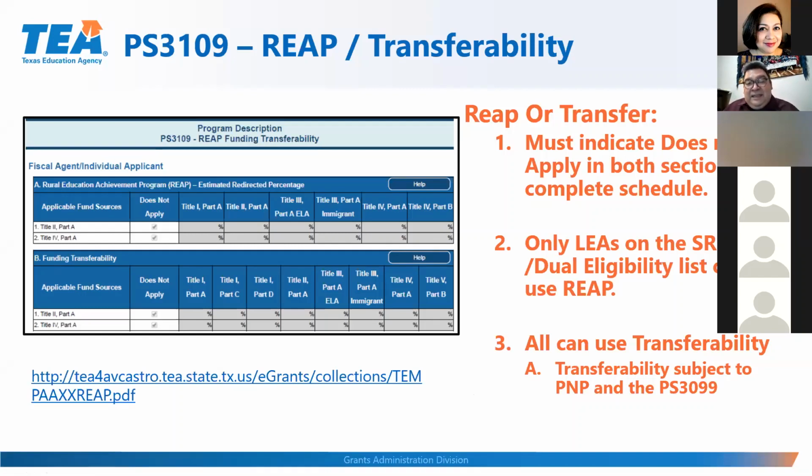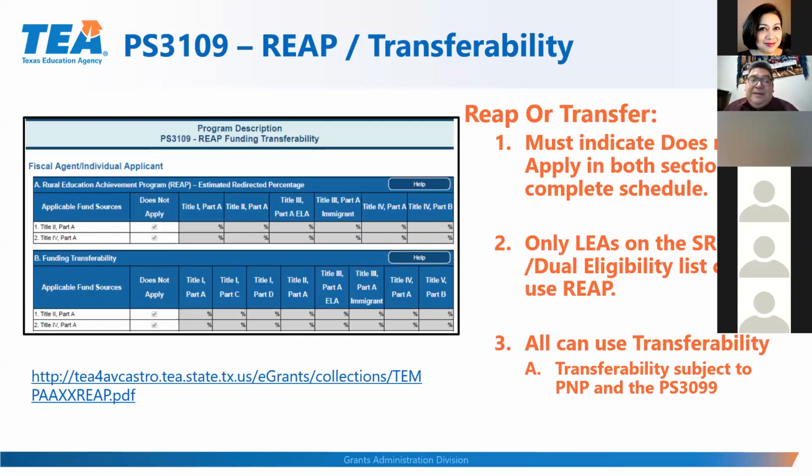The LEA that is on that list that wants to use REAP is just letting us know they would like to have that flexibility to use Title II or Title IV funds or one of the other funding sources for those allowable activities. The majority of them usually will put into Title I, Part A.